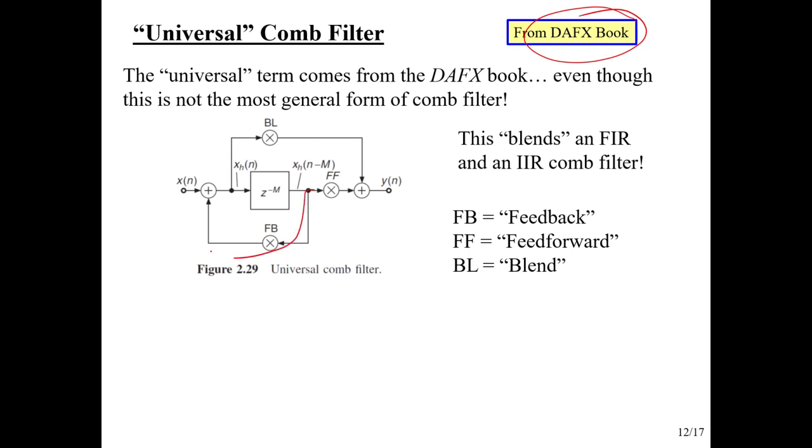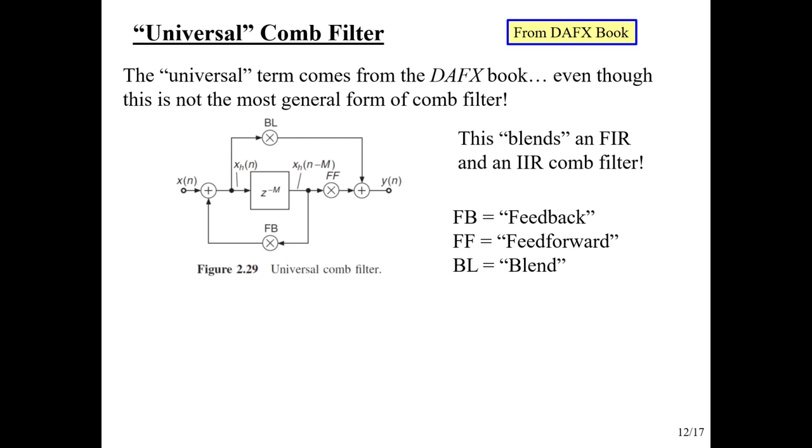So we've got a feedback term, and we've got a feed forward term, and then we've got a term that kind of blends the two of those together. FB stands for feedback, FF stands for feed forward, and BL stands for blend. So we can get features of each of those two different types of comb filters.